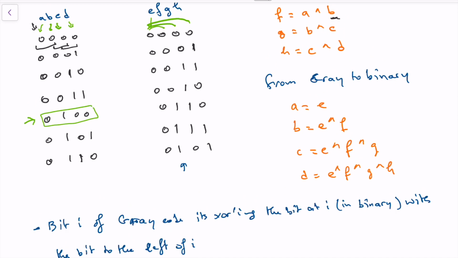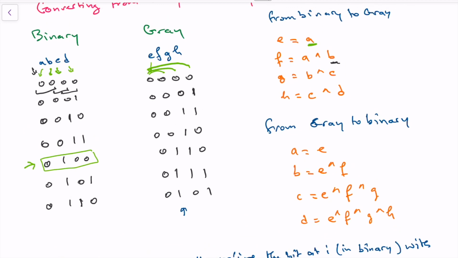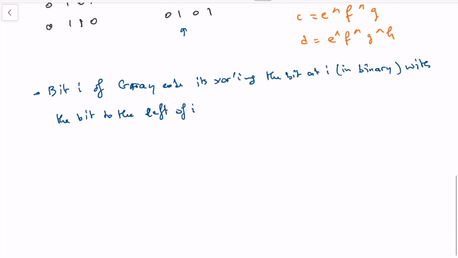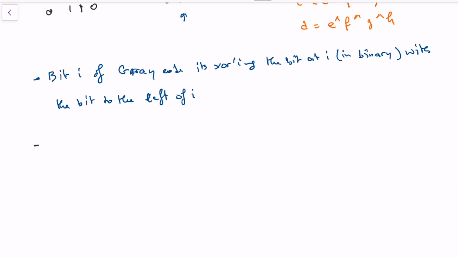Another formulation some people use is that the bit I of the gray code is the parity of bit I and the bit to the left of I, which is the same thing as XORing. For the first value, A, which is 0, there is no value left of it, so we just use 0.